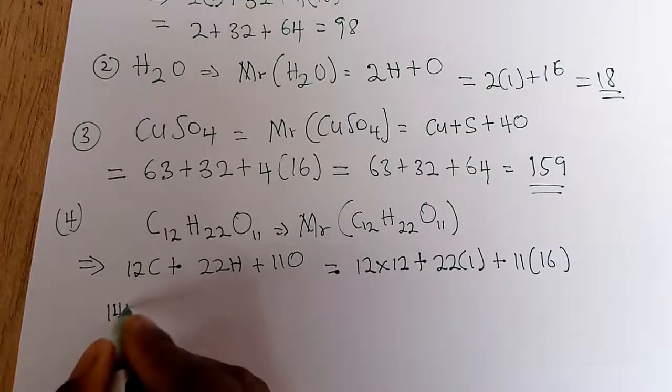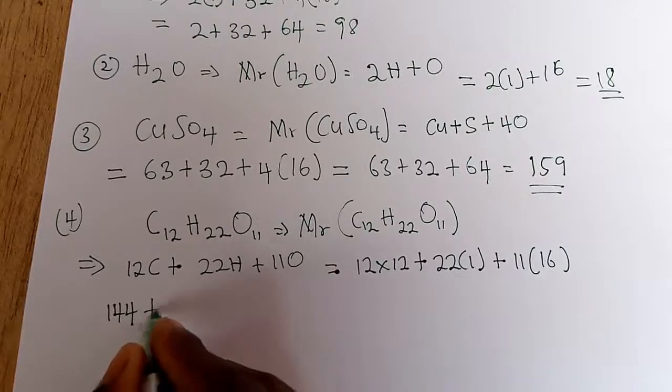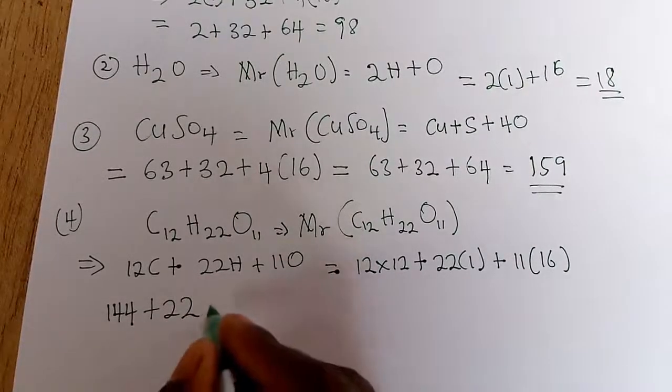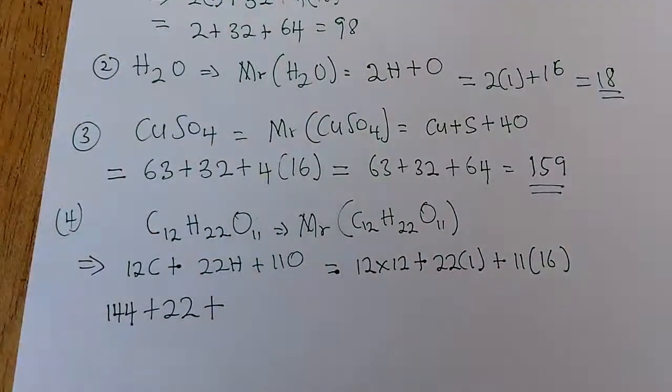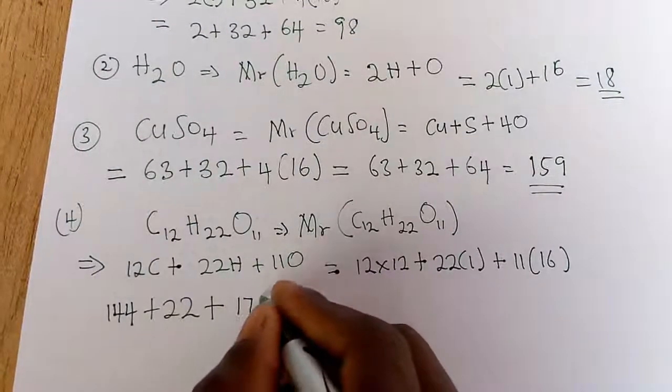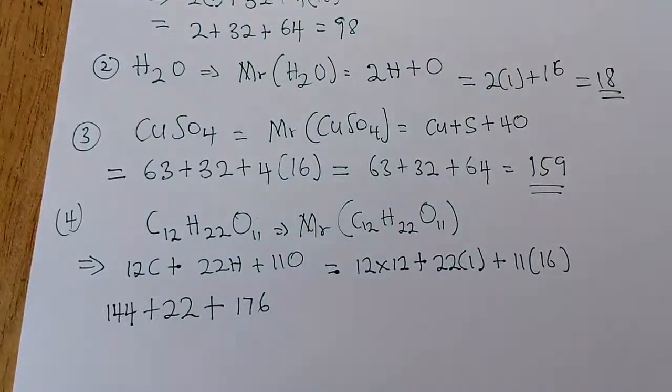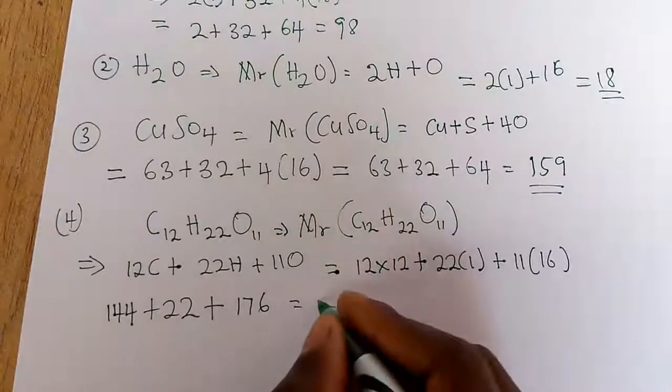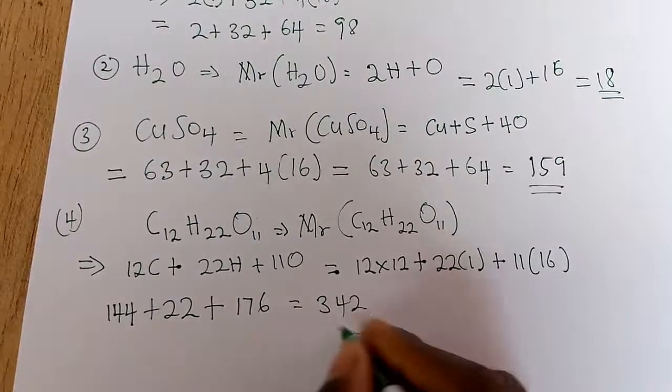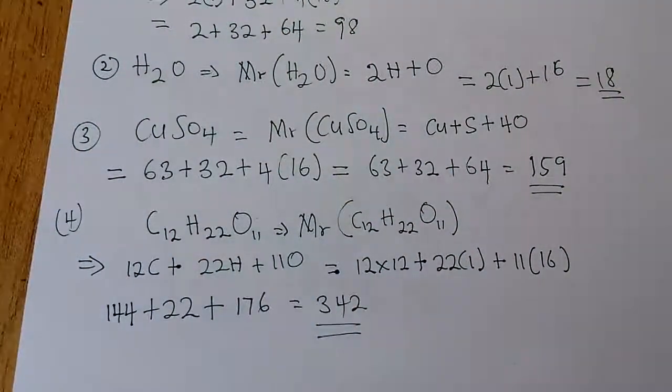So 144 here, plus 22, and then plus 11 times 16 will give us 176. So when you put everything together, I get 342. And this is the relative molecular mass.